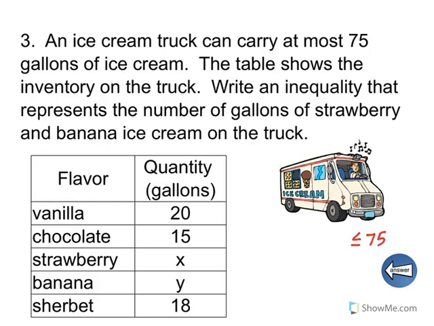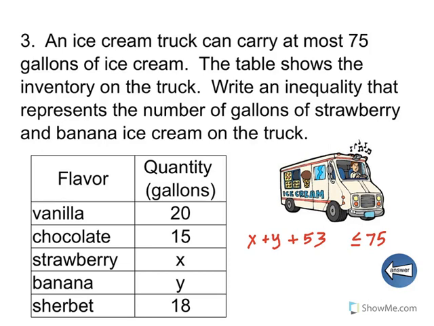And we need to look at what we already have. So we have x, that represents strawberry, y represents banana, plus what we already have. That's 15 plus 20, which is 35. And then 35 plus 18, which happens to be 53. And so we have x plus y plus 53 is less than or equal to 75. This is the inequality that you could write.